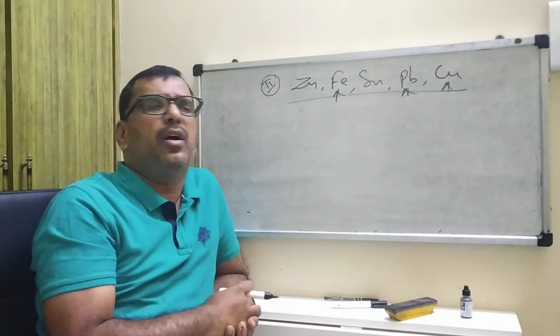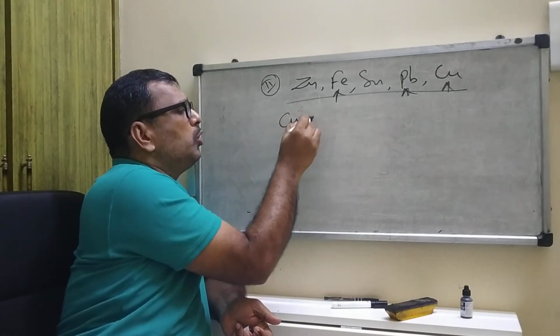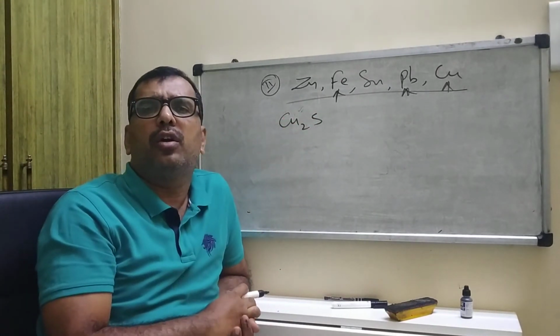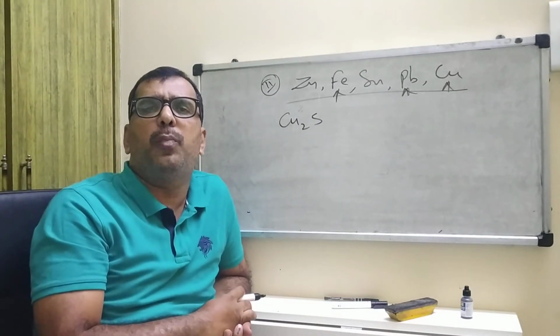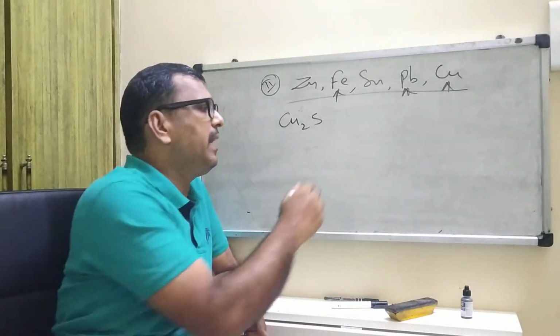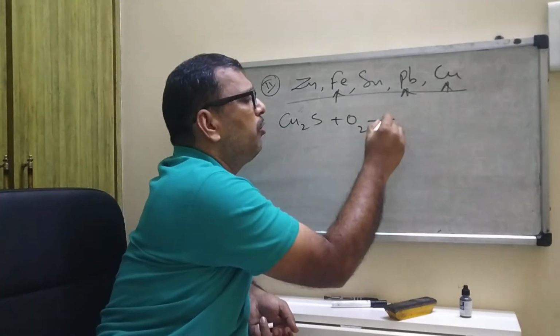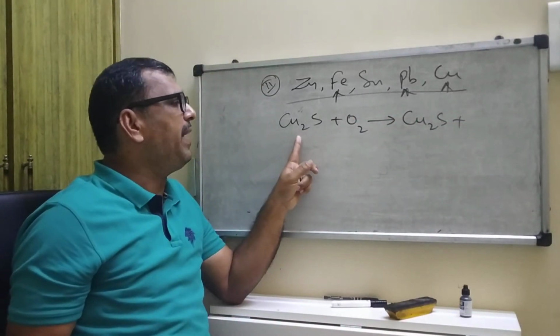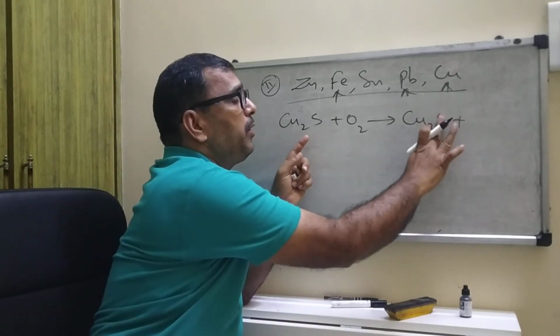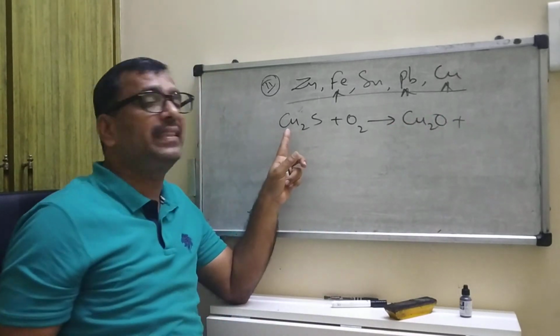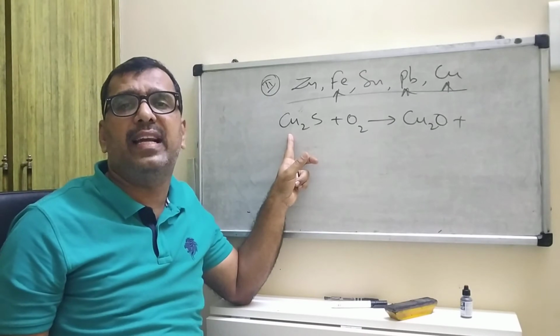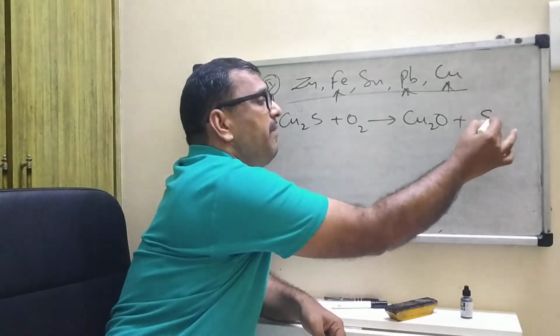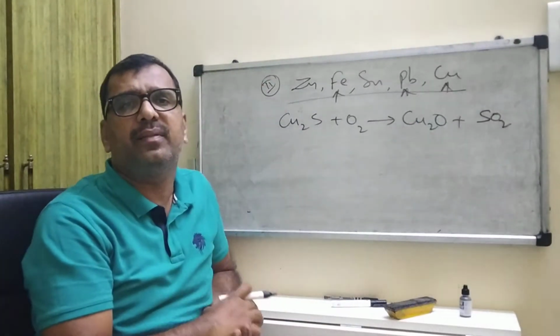Cu2S, cuprous sulfide, undergoes roasting to form the respective oxide, Cu2O, cuprite, with the liberation of sulfur dioxide.